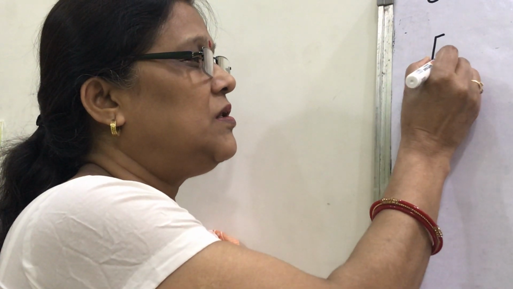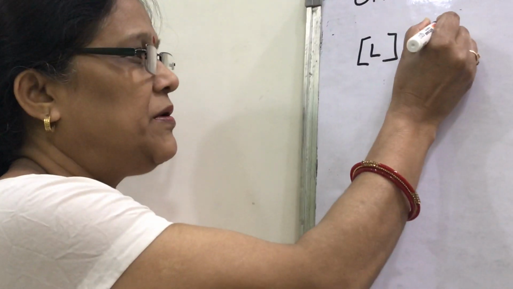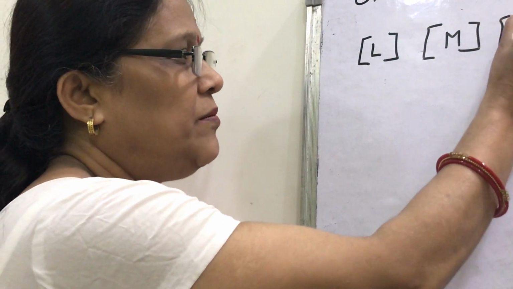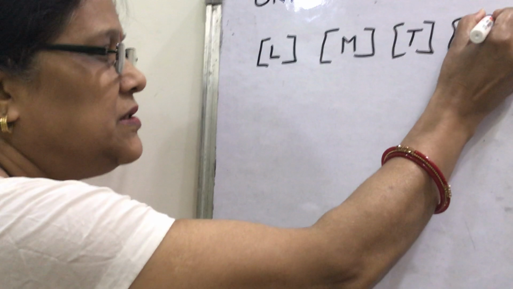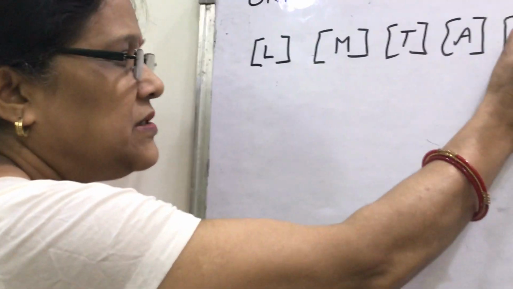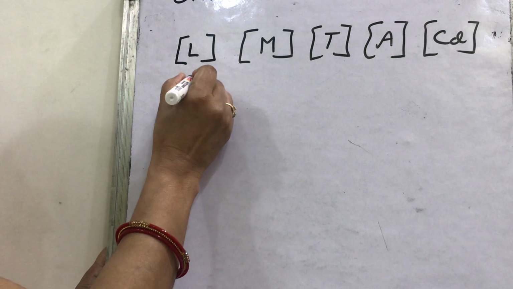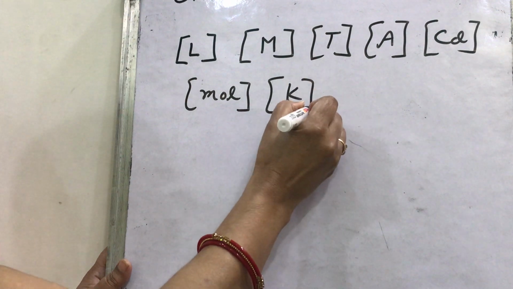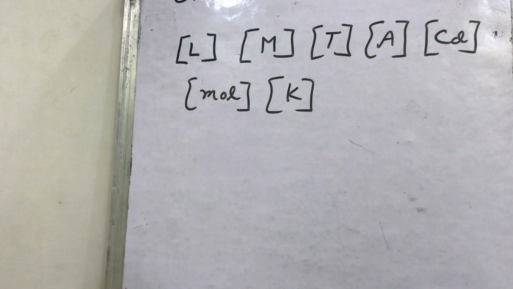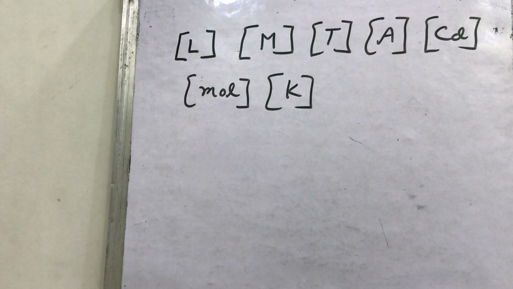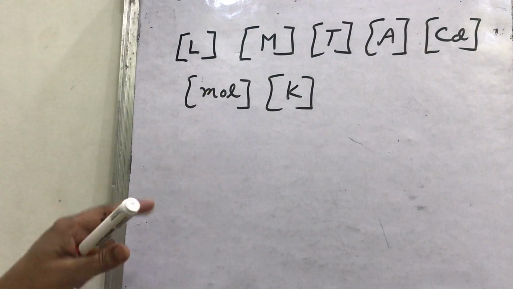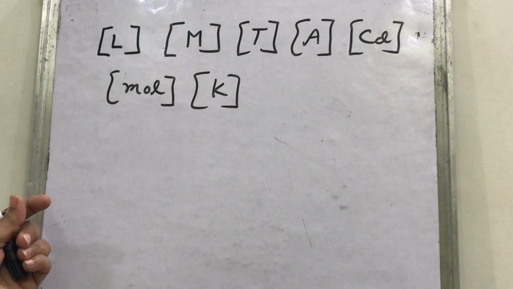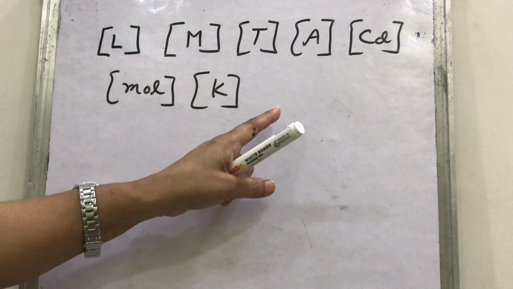Their dimensions are written in square brackets: length, mass, time, electric current with unit ampere, luminous intensity with candela, you write cd, and amount of substance with mole, and Kelvin for temperature. So I begin the dimensional analysis: all 7 fundamental quantities denoted with square brackets are called the 7 dimensions of the world.